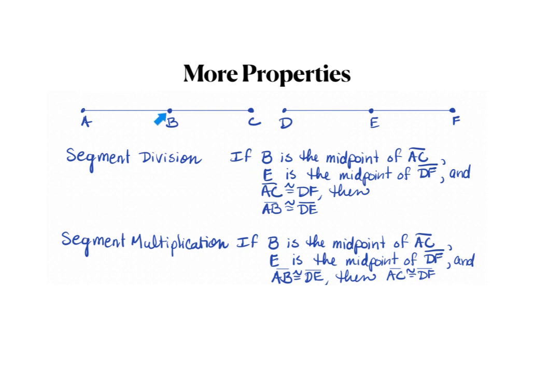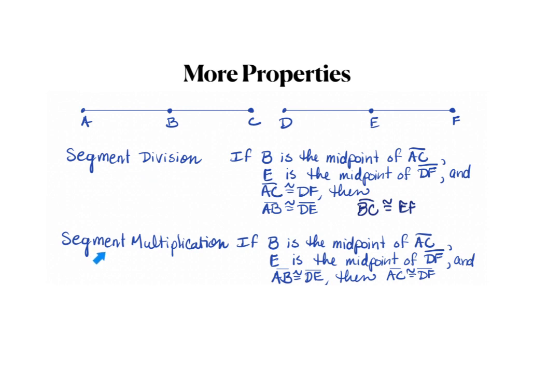So if B is the midpoint of AC and E is the midpoint of DF, and AC is congruent to DF, the entirety of the segments are congruent, then I would know that the pieces are congruent. AB is congruent to DE. Likewise, I could also conclude that BC is congruent to EF. Regardless, the reason there is segment division.